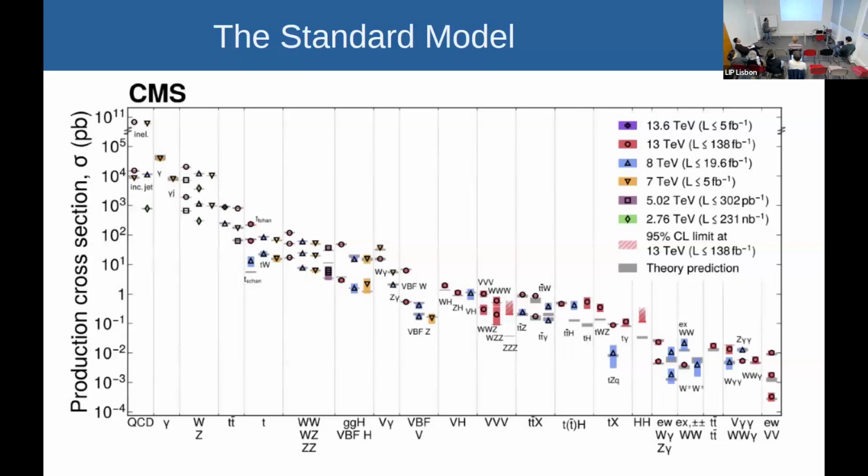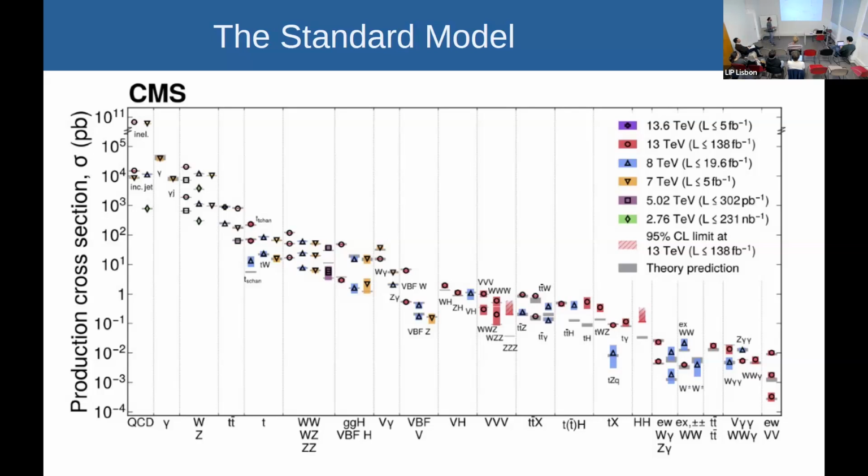So, the standard model, we know it's a very successful model so far. It managed to survive a lot of scrutiny, a lot of measurements, a lot of tests. At the moment, direct searches are not showing us any clear path to new physics.